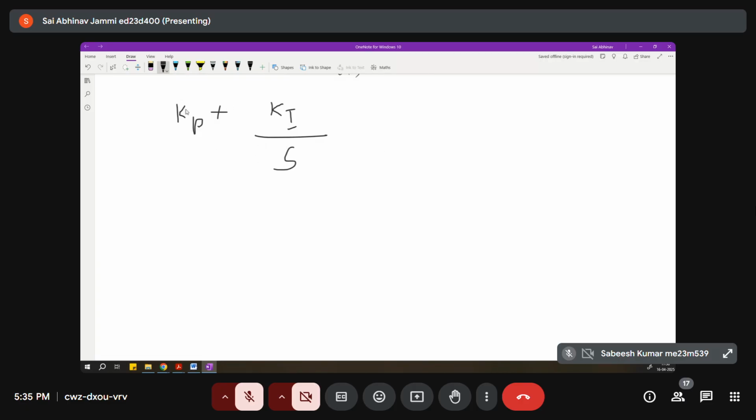So when we take the LCM and I take Kp common, what I'll get is S plus Ki by Kp. Okay, so is it clear how we got this form?